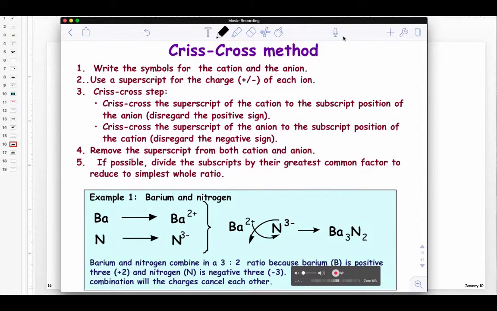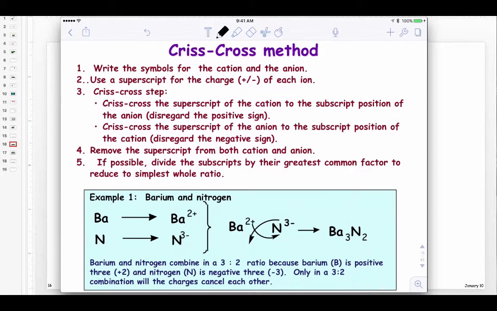Let me try and illustrate that in this diagram right here. When we have barium, and we know that it prefers a +2 charge, and nitrogen, and we know it prefers a -3 charge, then again we do the crisscross, and what we have is Ba3N2.